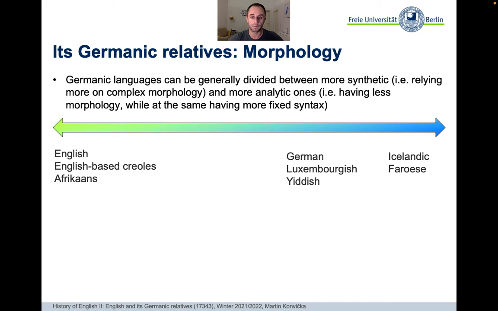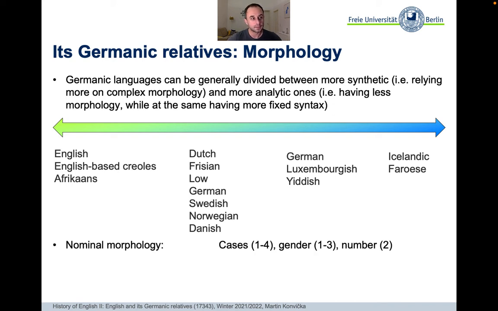Somewhere in between is a group of languages such as German, Luxembourgish, and Yiddish that are still more synthetic than English, but not as much as Icelandic or Faroese. And again, more towards the analytic pole of this continuum would be the rest of these languages such as Dutch, Frisian, Low German, Swedish, Norwegian, and Danish.